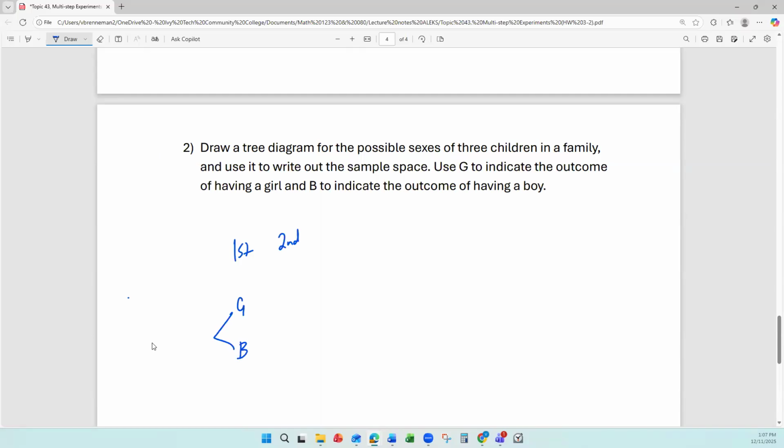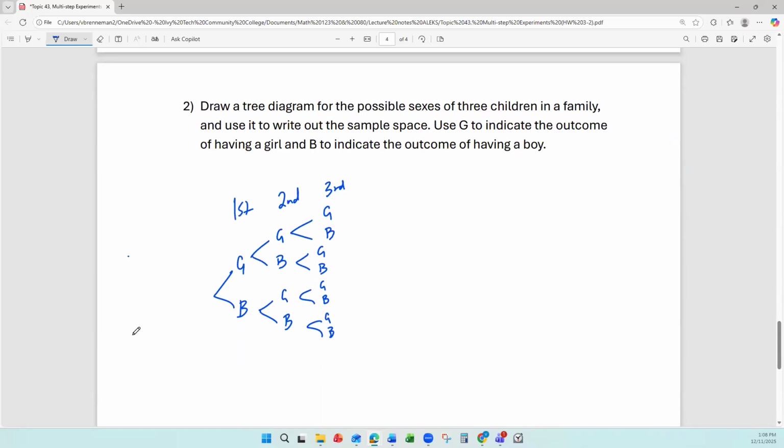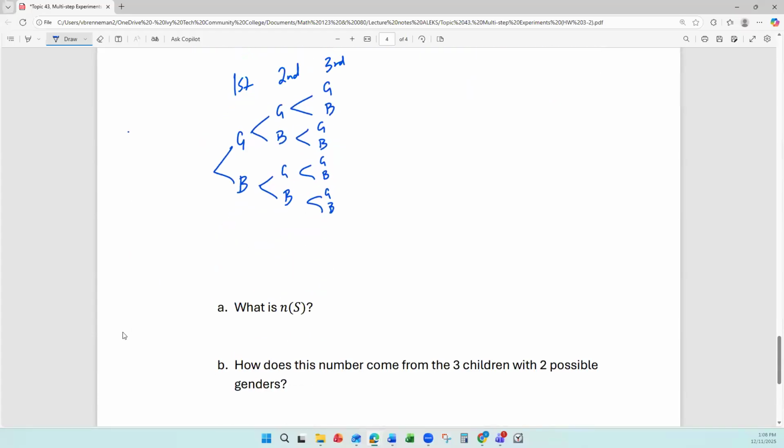Then with each of those results, second child could be girl or boy. And then each of those previous pairings could have a third child, girl or boy. Okay, so that comes out to 8 in that final branch.